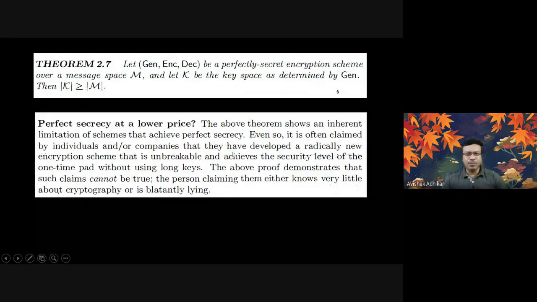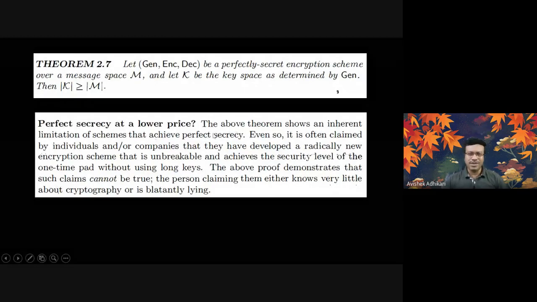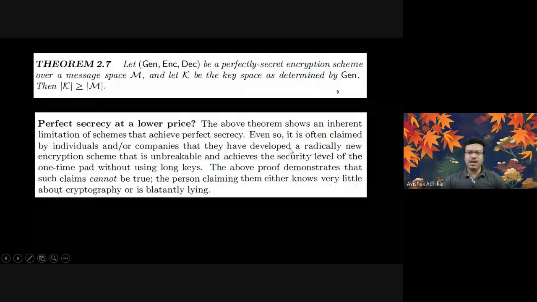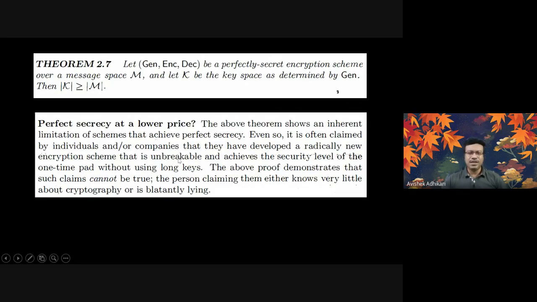In the Katz and Lindell book, they have given a small note. They say that the above theorem shows an inherent limitation of schemes that achieve perfect secrecy. Even so, it is often claimed by individuals and companies that they have developed a radically new encryption scheme that is unbreakable and achieves the security level of the one-time pad without using a long key.